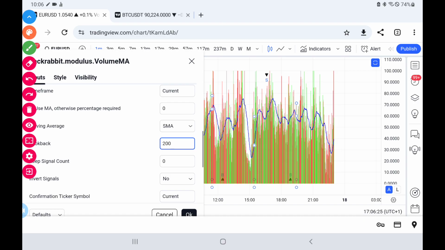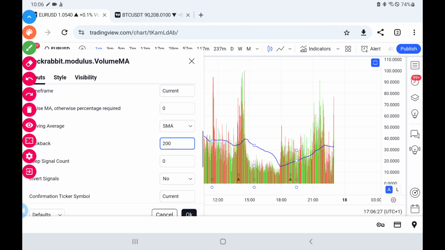Let's go for the last 200 candles. And you can see how the market flattens out. So there are a wide range of things we can learn about this market.